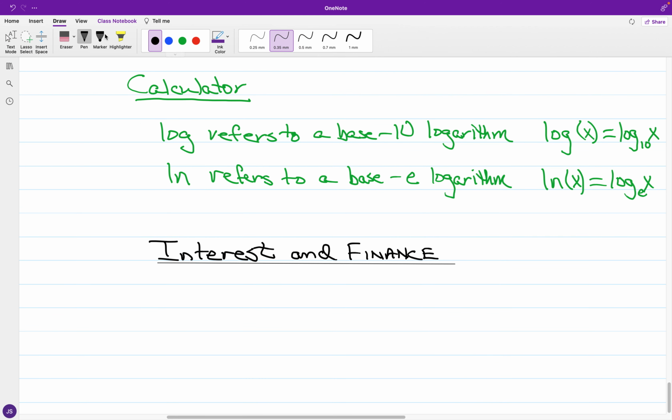And for what we have in the case of interest and finance, first of all, and we'll get back to the exponential base e, just kind of using it as a building block.